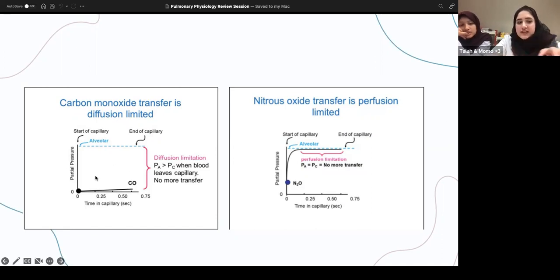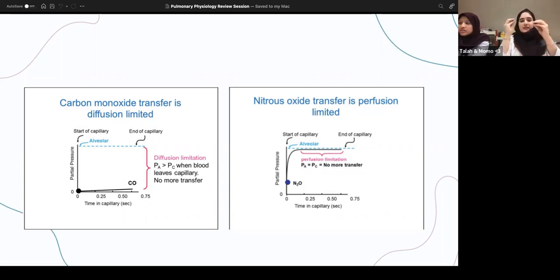So the partial pressure inside the alveoli is going to increase, but the partial pressure inside the capillary won't increase. Because the partial pressure inside the alveoli is always more than the partial pressure inside the capillary, carbon monoxide is limited by diffusion.